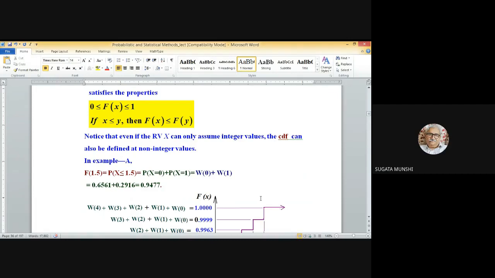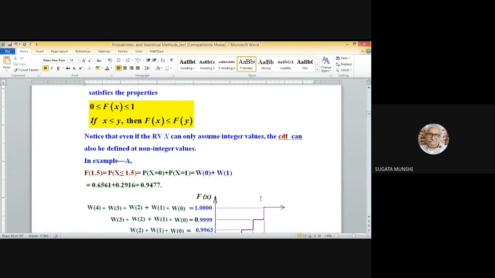Just referring to example A, the example on the number of bits in error. Say if you are interested in finding out the probability of capital X less than or equal to 1.5, what will that be equal to? It will simply be the sum of the probabilities of x equal to 0 and x equal to 1.